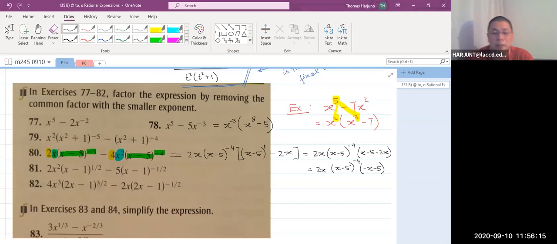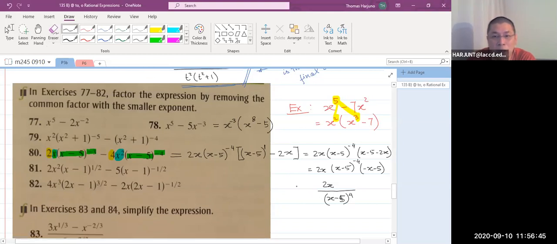Okay, now the last step, which I forgot to do in number 78. In our final answer, we should not have a negative exponent. So what I will do is pull the x minus 5 and make it to the power of 4, but I put it in the denominator. And actually, I can factor the negative out from the last factor.